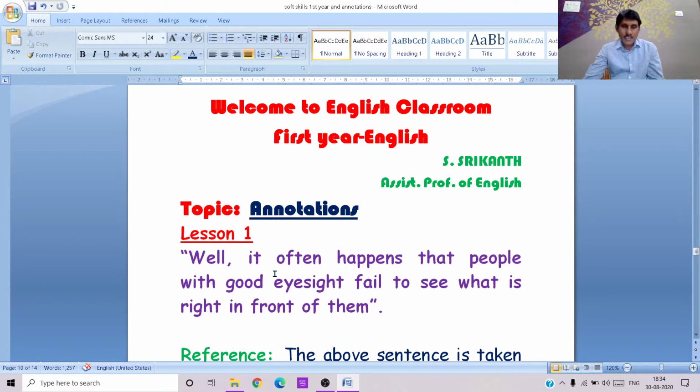So let's see from lesson 1. This is the sentence which you can see on the screen in purple color. Because I have taken these annotations in a linear fashion, generally my first annotation would be from the first lesson, second from the second, third from the poem, fourth from Merchant of Venice. That's easier.